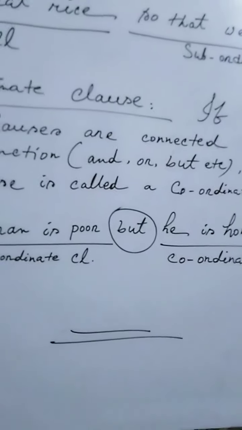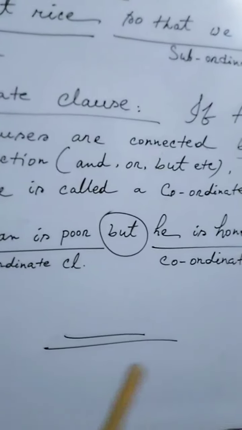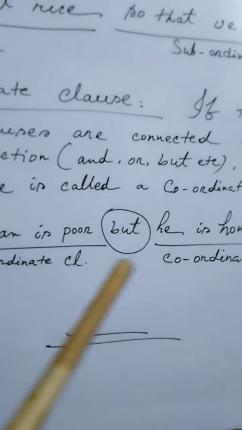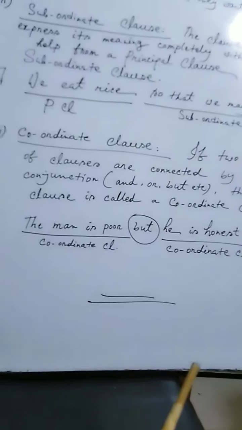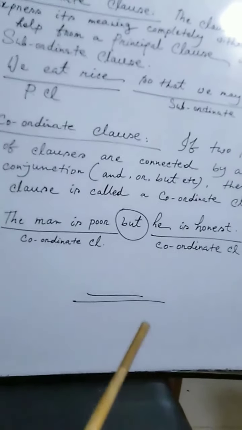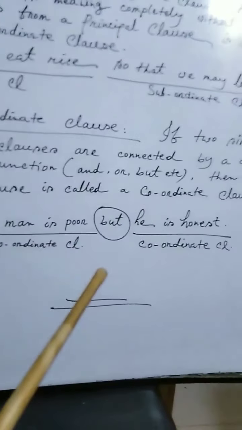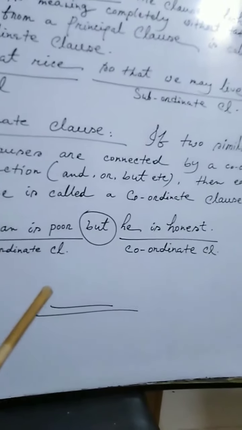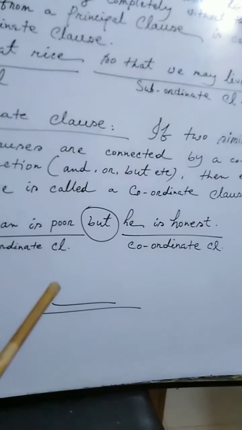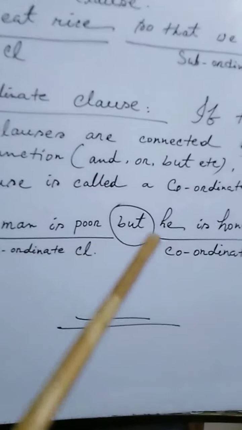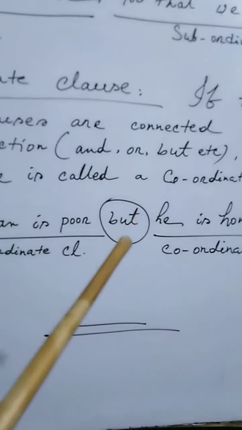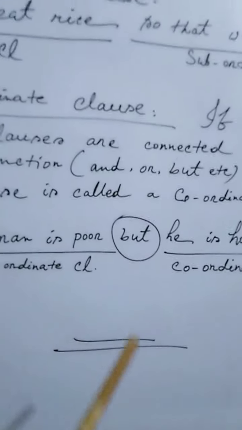That's why these two clauses are called coordinate clauses, because when two clauses are connected with each other by a coordinating conjunction, then each of the clauses is called a coordinate clause. So the man is poor is a coordinate clause and he is honest is also another coordinate clause. These two coordinate clauses are connected by but, which is a coordinating conjunction.